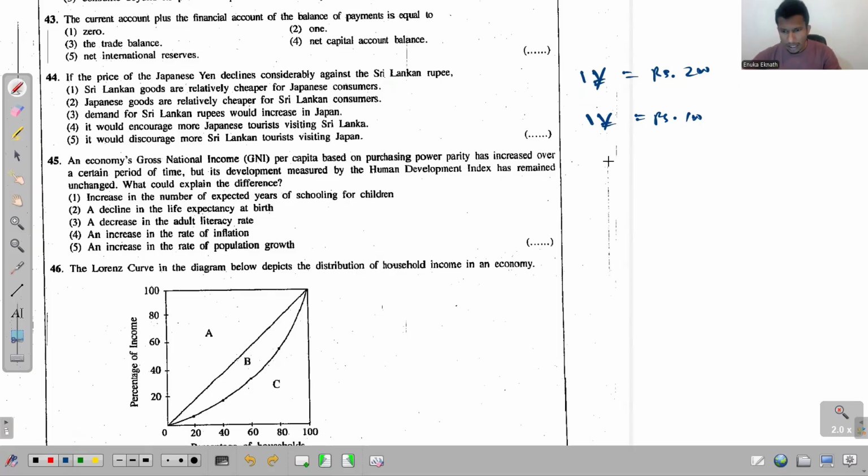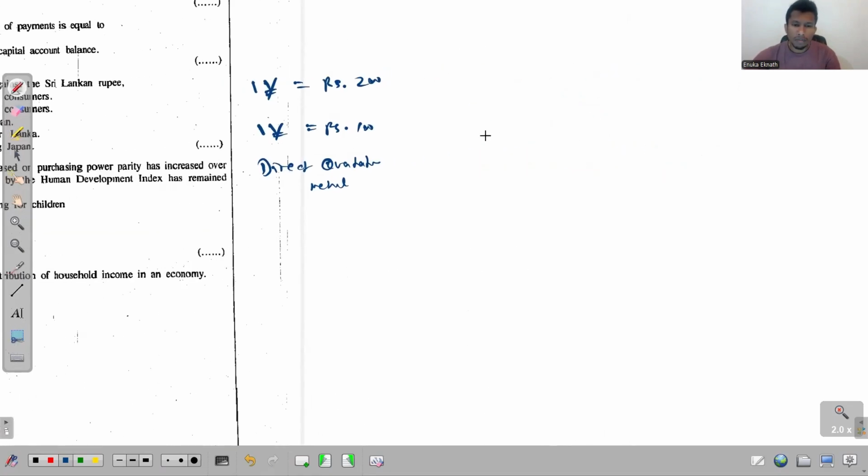We recognize this as the direct quotation system, right? Direct quotation method. And if you look at the values under indirect quotation method, let me write it here. Indirect quotation method or system, right? So based on these values, if we convert them into indirect quotation system, 1 rupee is equal to 1 over 200 yen, right?